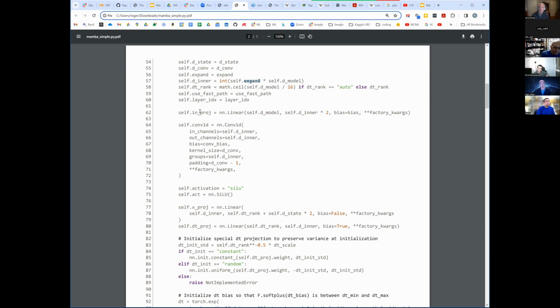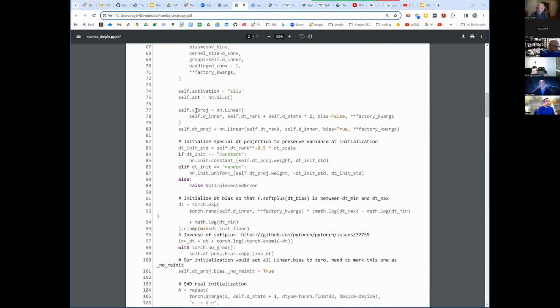So yeah, here's the in projection we saw down in the two trapezoids down. The model goes from model dimension up to inner dimension times 2 because they split it. The conv 1D is in the inner dimension of D inner. The X projection is the one that is used to calculate B, C, and DT.